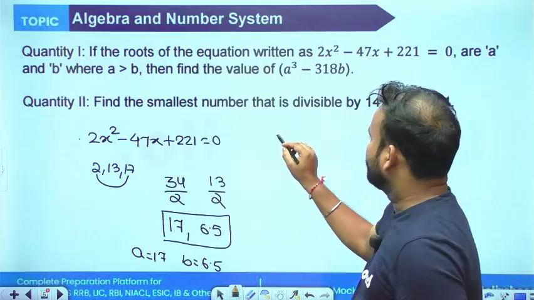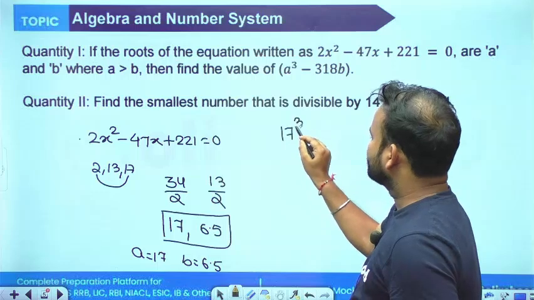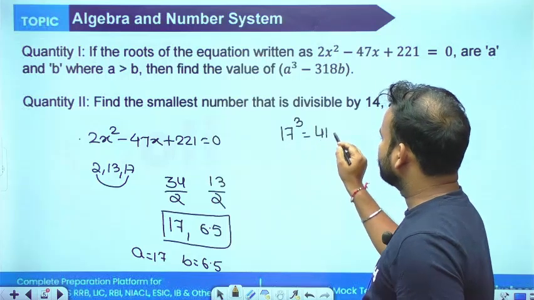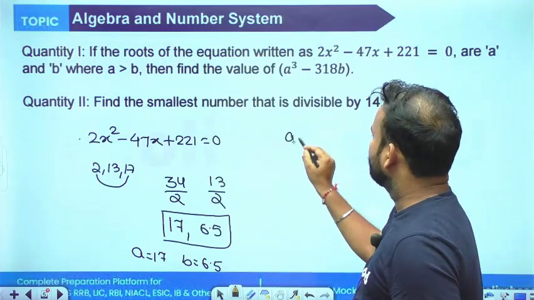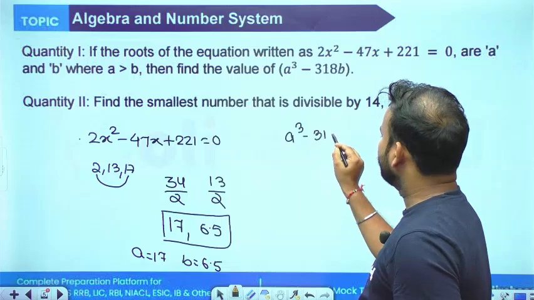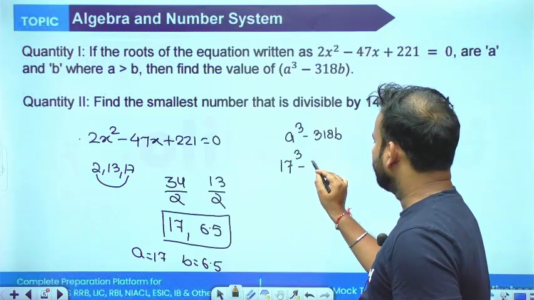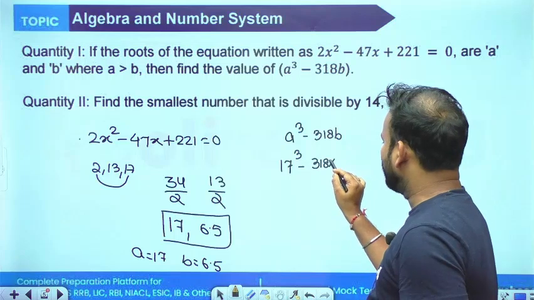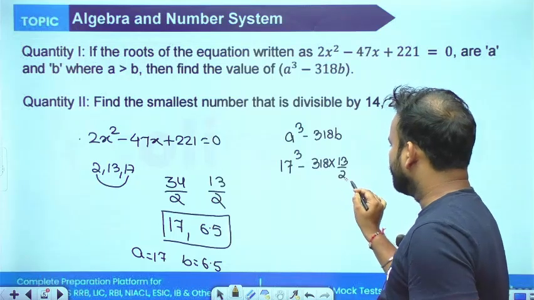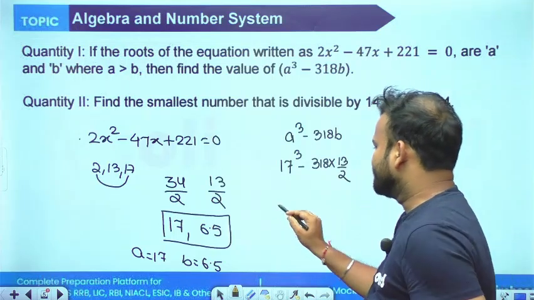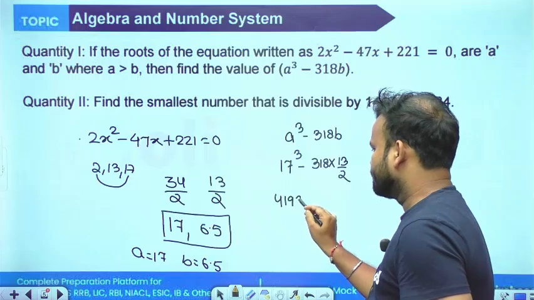Now a cube is 17 cube. So a cube minus 318 into b, where the value of b was 13 by 2, that is 6.5.